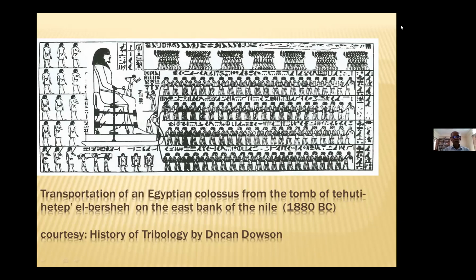Even in those days, sliding or dragging posed a great problem. And obviously, compare the size of a huge statue like this to the people who are dragging it. So rows of people are dragging it, and yet they felt something else had to be done.